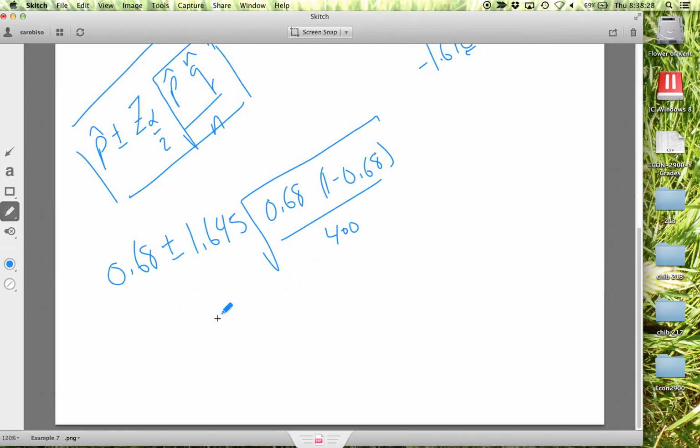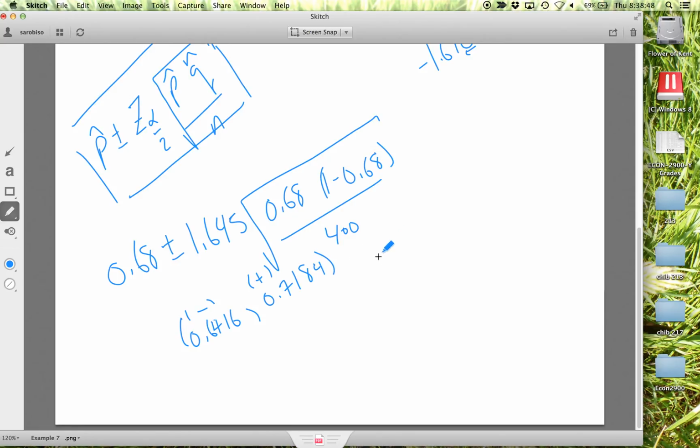If we carry this out, first, of course, with the negative side, you'll find that the value you get here is 0.6416, and the positive side you'll get 0.7184.